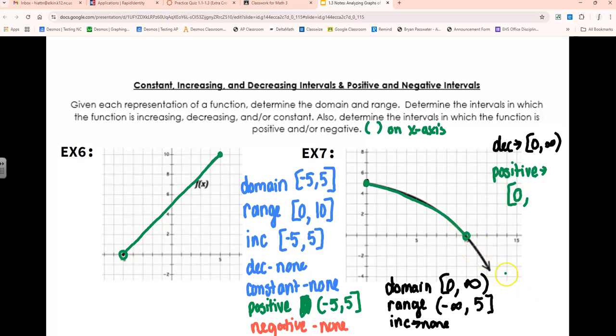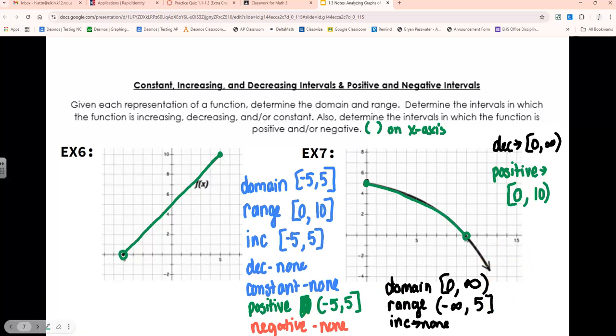It's not going to be negative infinity, because once I go past this point right here, I'm below the x-axis. And when it's asking positive and negative, it's just above or below the x-axis. So where do we stop here? 10. And I'm going to use a parenthesis with that because it's neither positive nor negative at 0. Again, it won't be that big a deal.